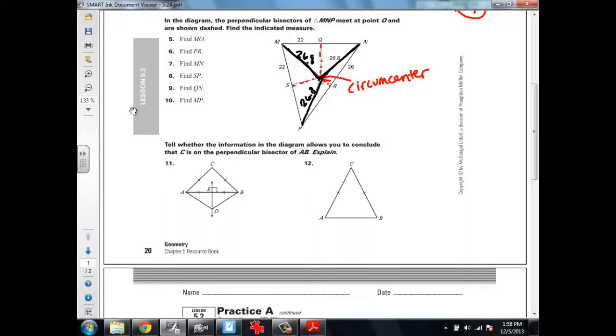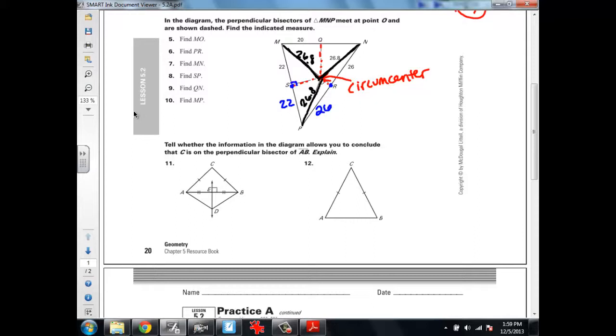What else do we know about perpendicular bisectors? If this is my perpendicular bisector, what does bisect mean? Cuts equally in half. So this bisector splits this side into two equal parts. If that's 22, how big is this one? 22. If that's 26, this is 26.